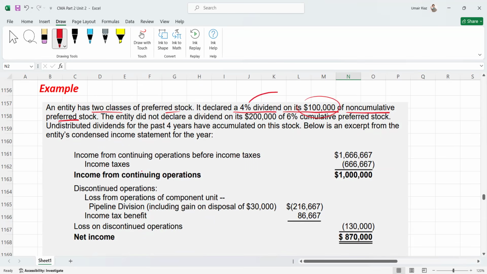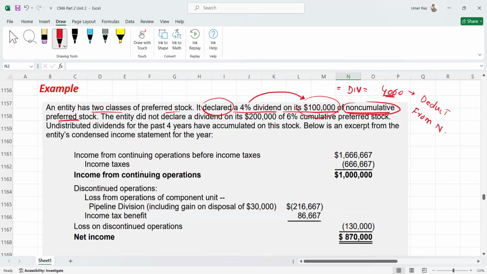If I take 4% of this value, this will give you the amount of dividend, which is going to be 4,000. And please make sure this is non-cumulative. So this 4,000 dividend we will deduct from the numerator if it is declared. Yes, it is declared. It means this 4,000 we will deduct from the numerator. Understood? 4,000.